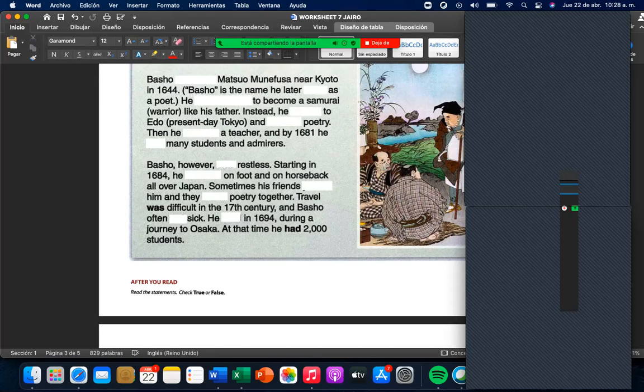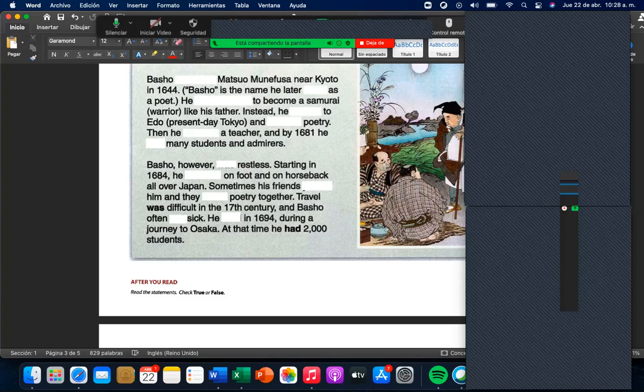Okay. So anybody wrote something there? ¿Alguien escribió algo allí, chicos? Born. Okay, Basho was born in Matsuo Munefusa near Kyoto, right? Basho was born, right? That's a good option, was born.